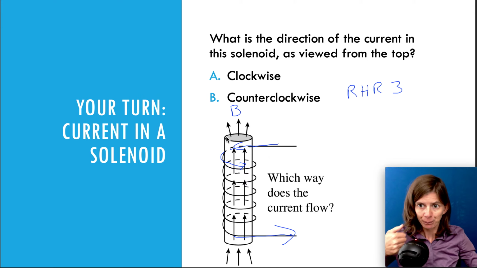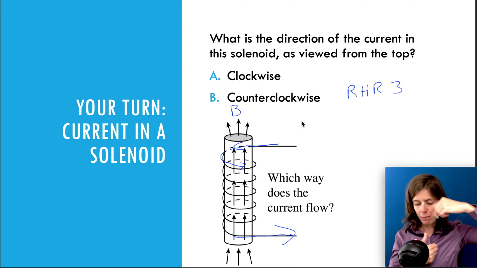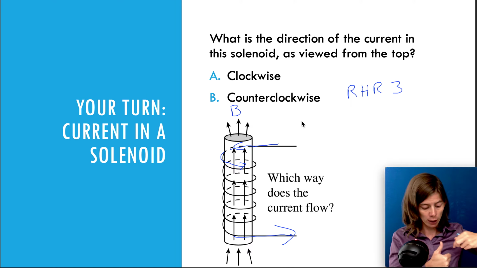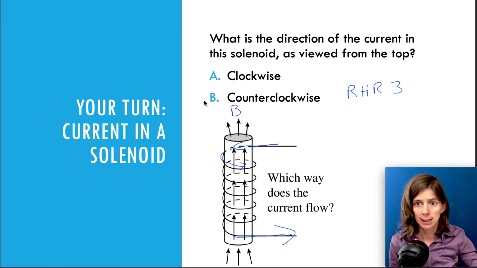If you bring your hand lower and look at it from the top as you're curling your fingers, that's a counterclockwise direction. So hopefully you can see that counterclockwise direction.